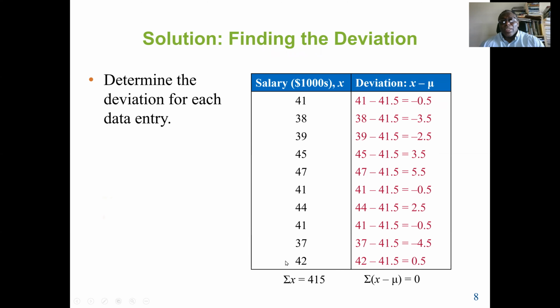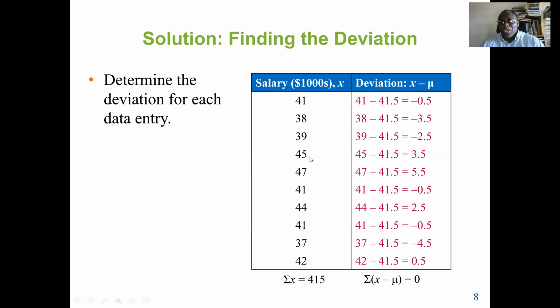Then we are going to find the deviations. You can see here, we subtract the mean from each value: the difference of 41 and 41.5, the difference of 38 and 41.5, and so on. So 41.5 is subtracted from each value, and that gives us the deviation. Now, the total deviation will always be 0. The reason is that the mean is like the center of the values.